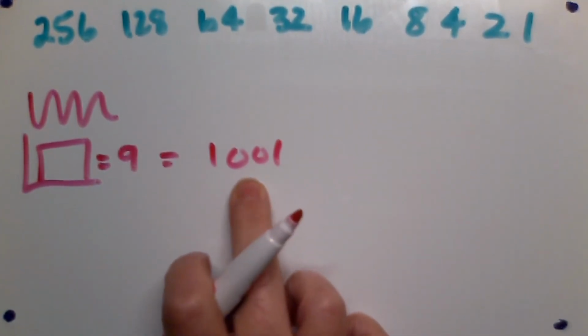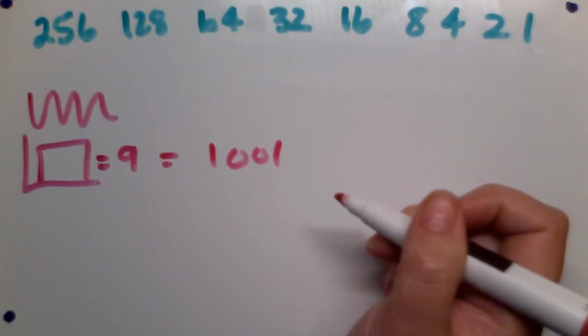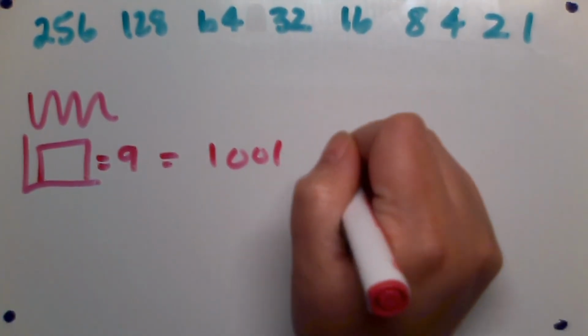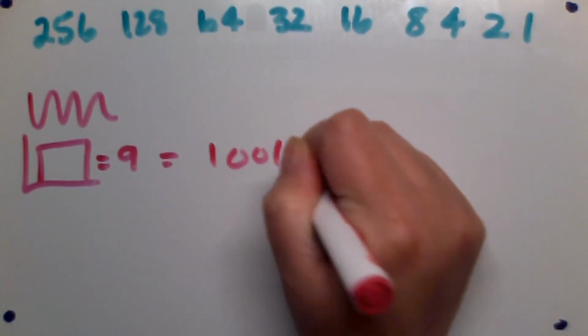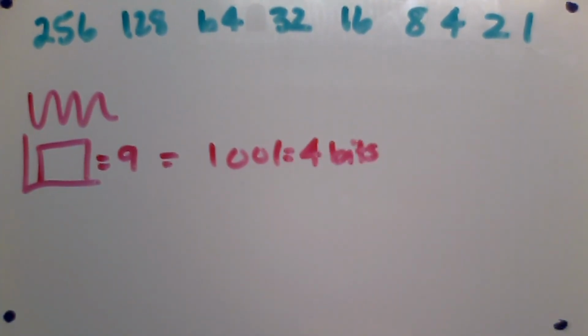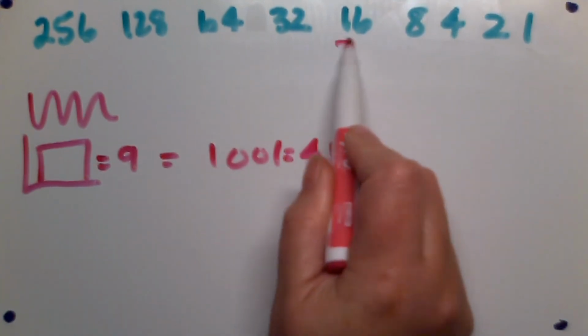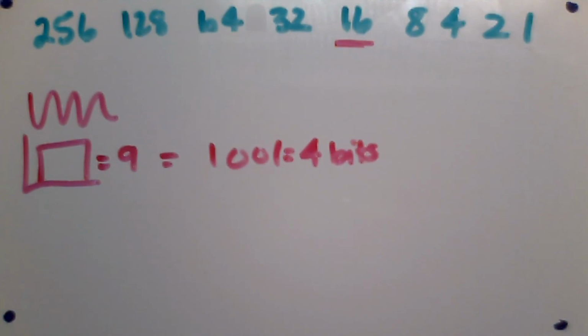So the scan converter has to have at least 4 bits of memory to display those 16 levels of gray, but really the 9th level of gray.